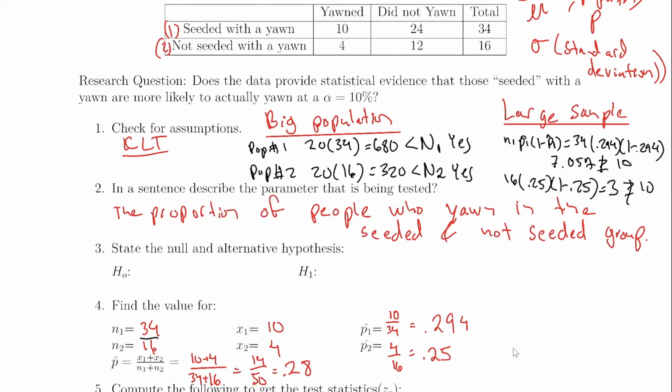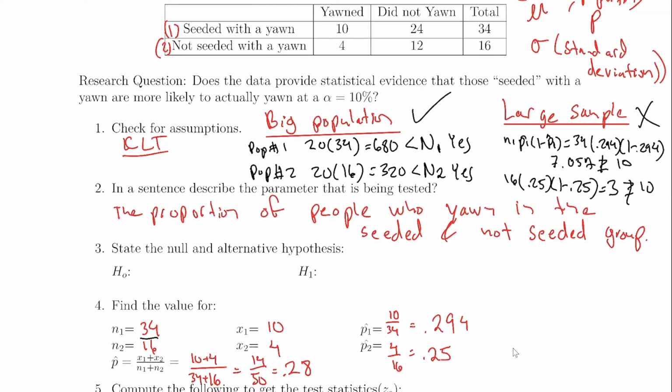So that means anything that they get from this study is non-trustworthy. So any conclusion that we make for this one is also non-trustworthy because the sample size was so low. But just so you can get a feel of how to do the testing, we're going to continue on with it. So we'll say does not pass the large sample size.